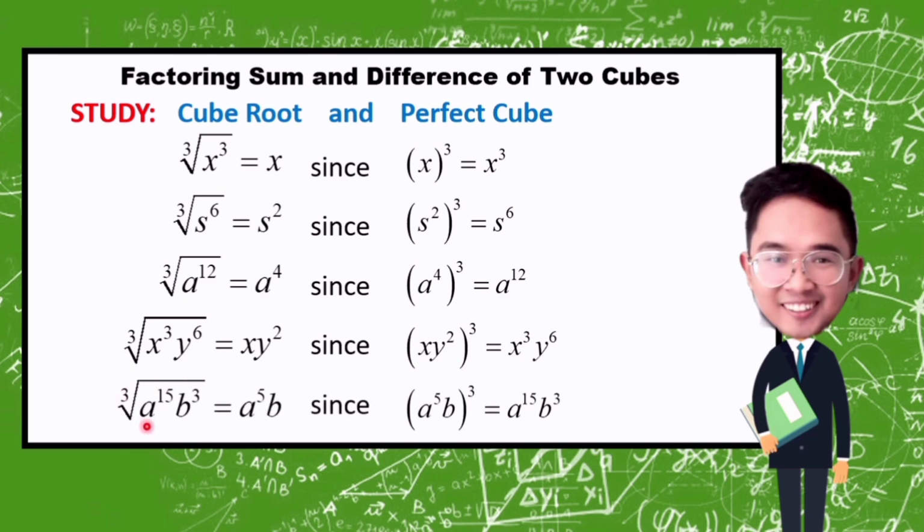And lastly, the cube root of a raised to 15 b cube is equal to a raised to 5b, since the quantity of a raised to 5b to the power of 3 is equal to a raised to 15 b cube.